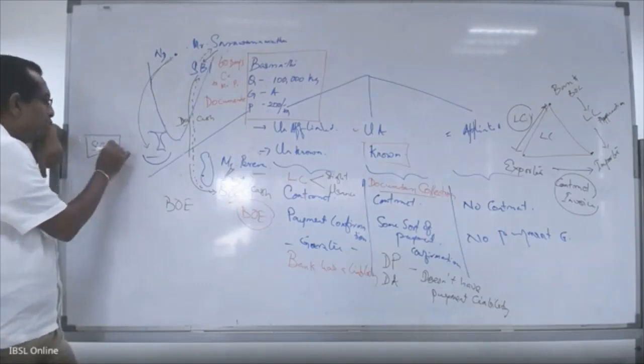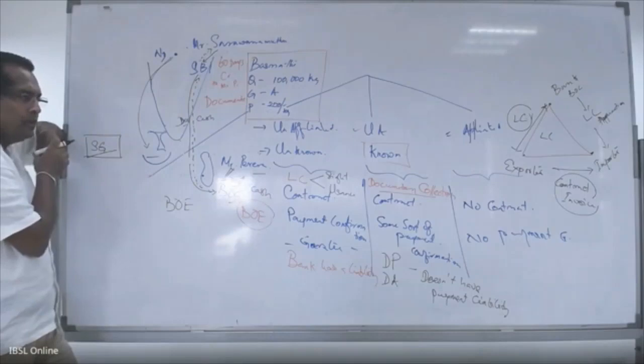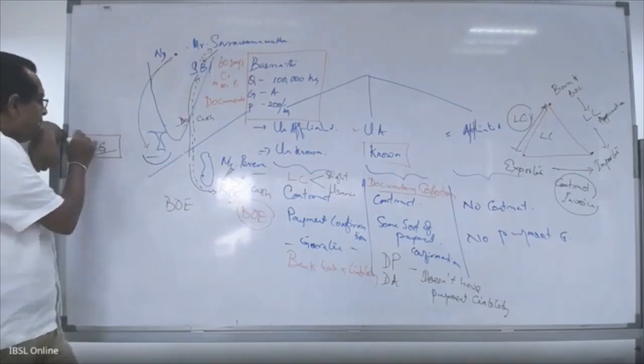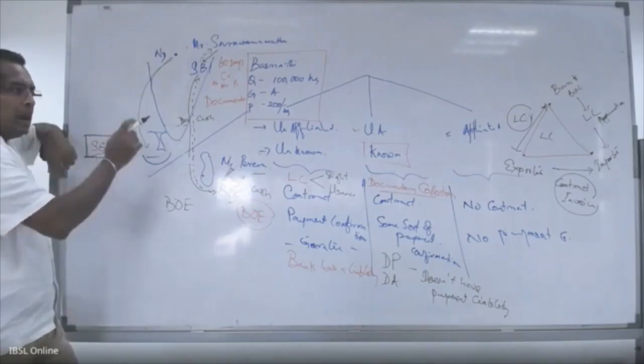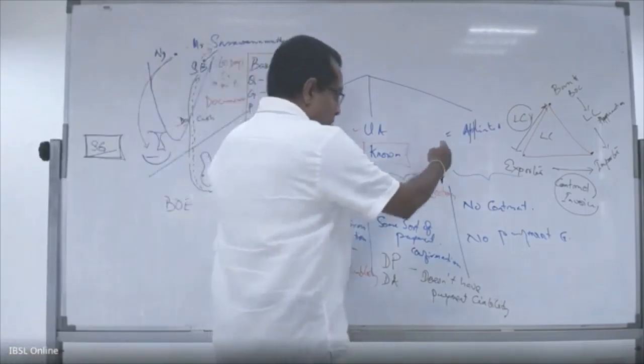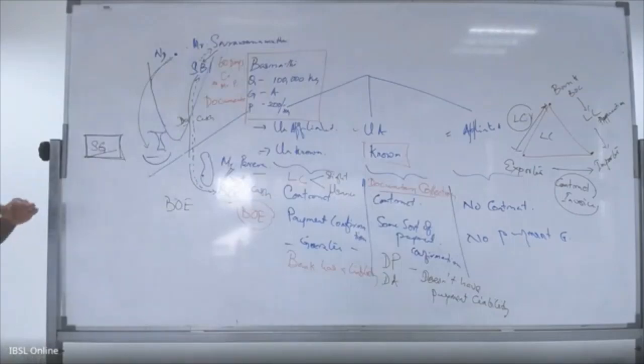If we issue a shipping guarantee and release the goods, the bank will be liable to pay, right? If we release the goods using a shipping guarantee instead of the original document, under documentary collection also, the bank will be liable to pay, right?